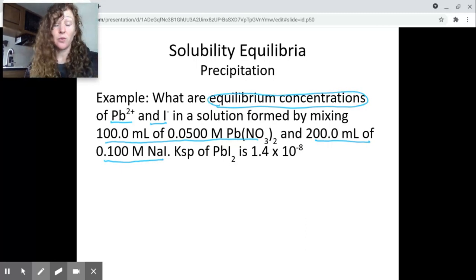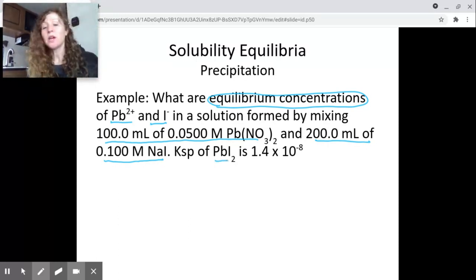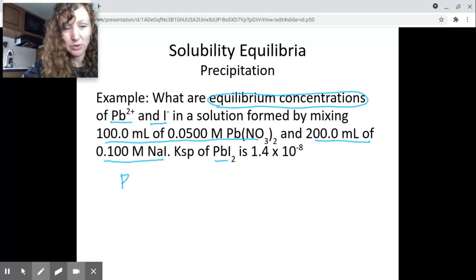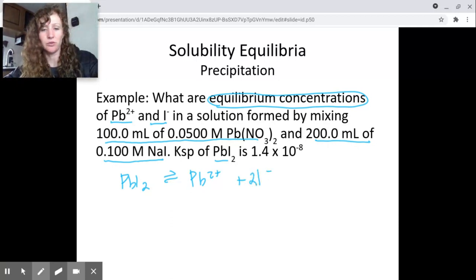Okay, so again, we have lots of compounds here, PbNO3, NaI, and then they give us the KSP of PbI2. So pause here, see if you can write a reaction for what we care about. The thing we care about is PbI2. So you're going to get Pb2+, I minus, and we'll get 2 of those.